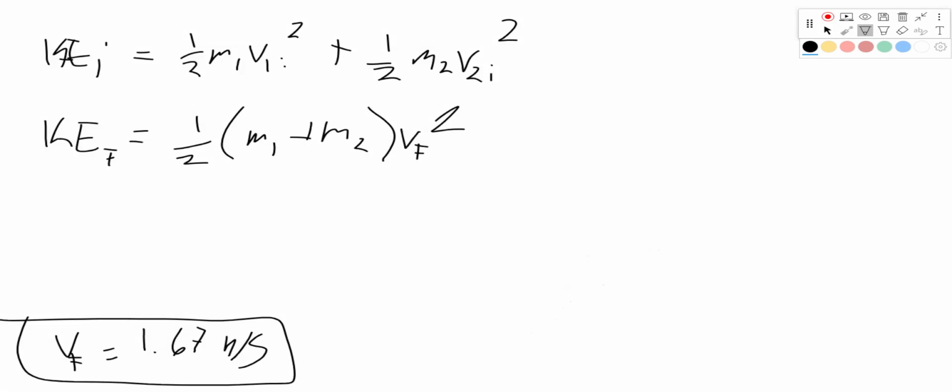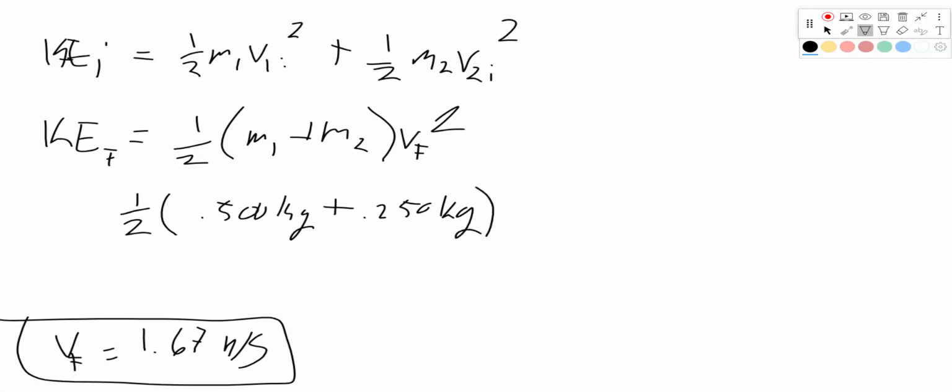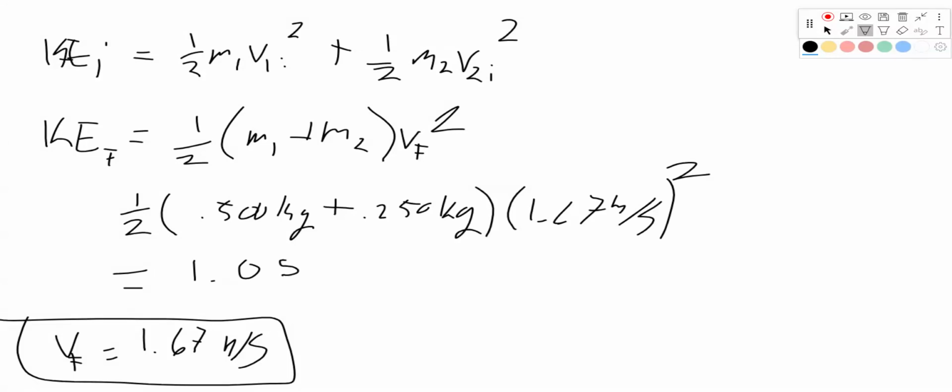So let's just do this one right here because it's straightforward. 1/2 of 0.500 kilograms plus 0.250 kilograms times 1.67 meters per second, and then we're going to square it. When we work that out mathematically, we should wind up with 1.05, and our unit is going to be joules. So this is kinetic energy final.